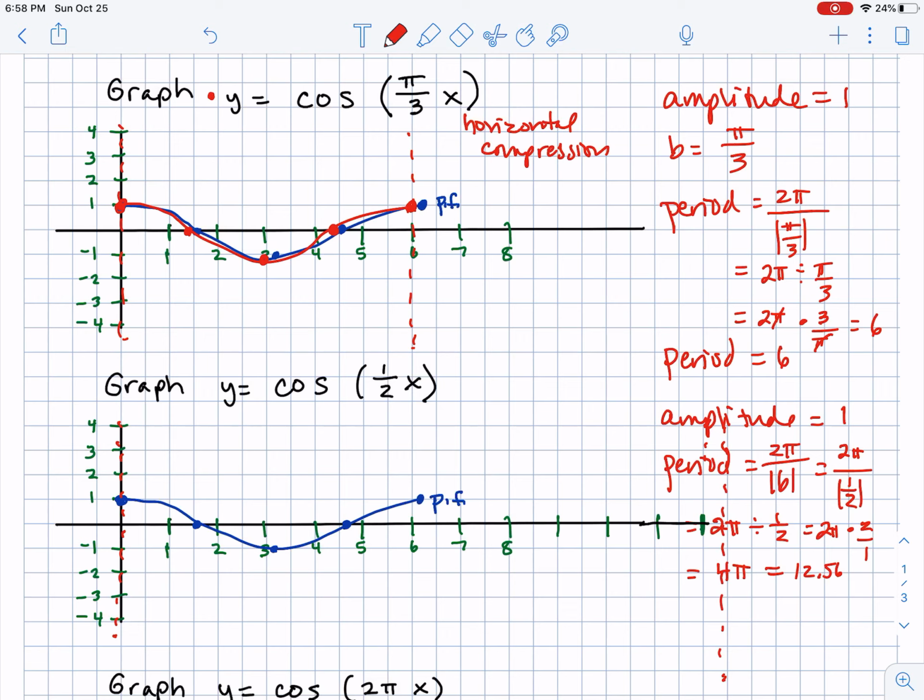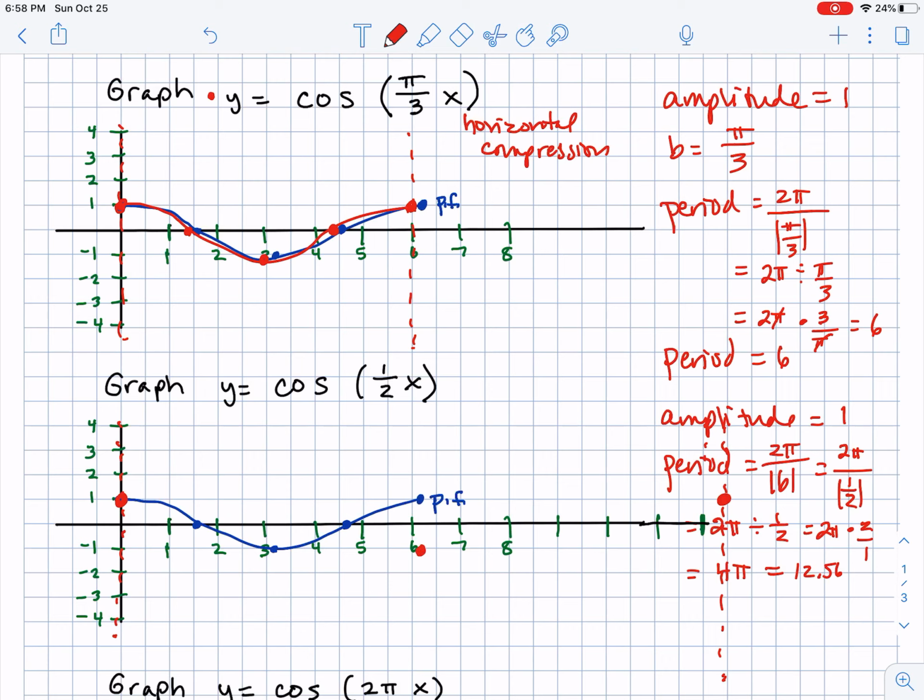So graphing that, let's see, amplitude's still 1, so my midline's at 0 because I haven't added or subtracted anything. Then here is my maximums. The minimum's going to be about half that. So half of 4 pi is 2 pi, so 6.28.